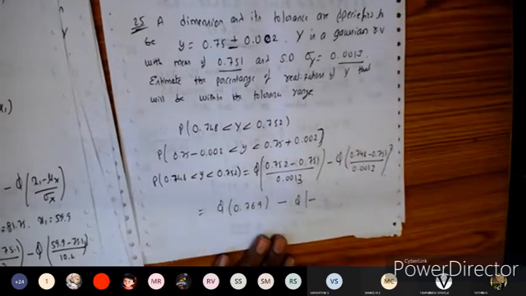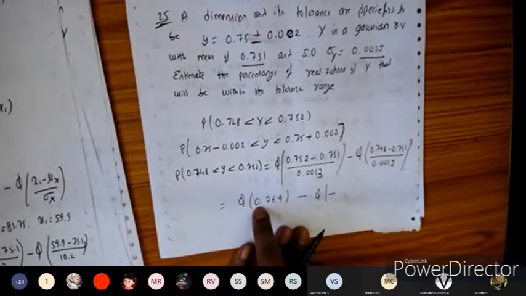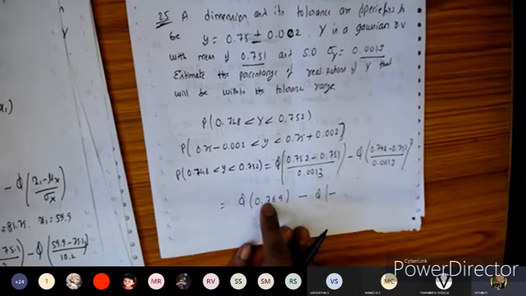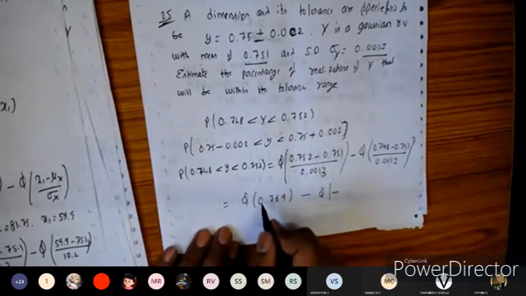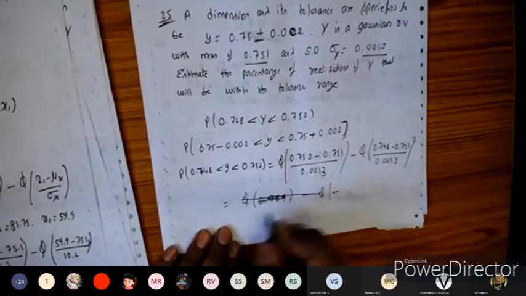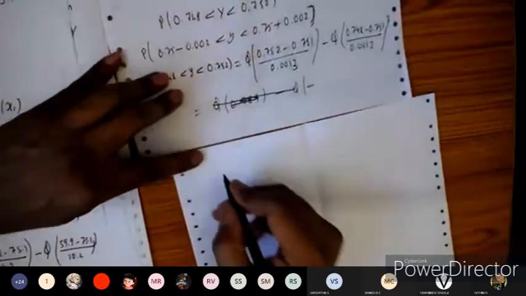Sir, it's 1.538, sir. This one? Correct, sir. 1.58 or which value? That value you will get here. 1.538, huh? So this will become equal to phi of.